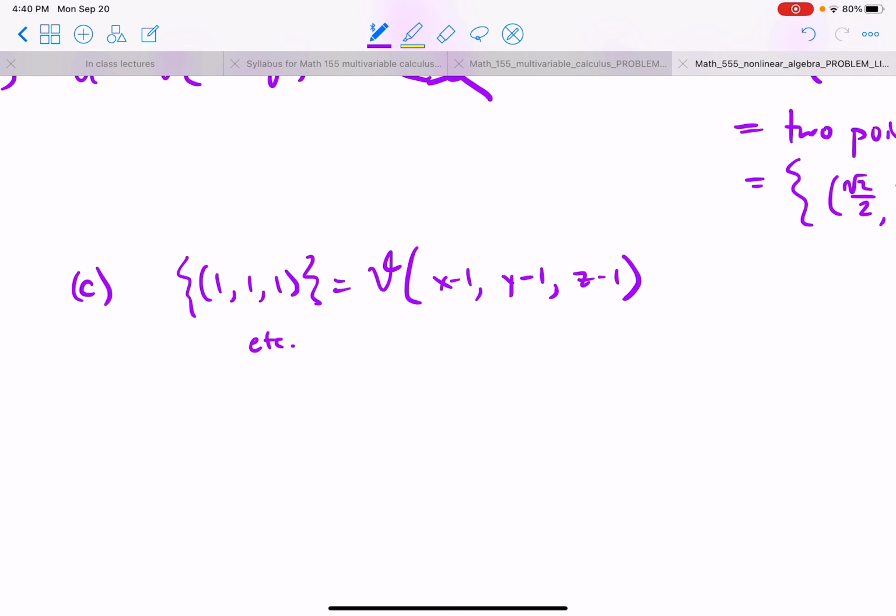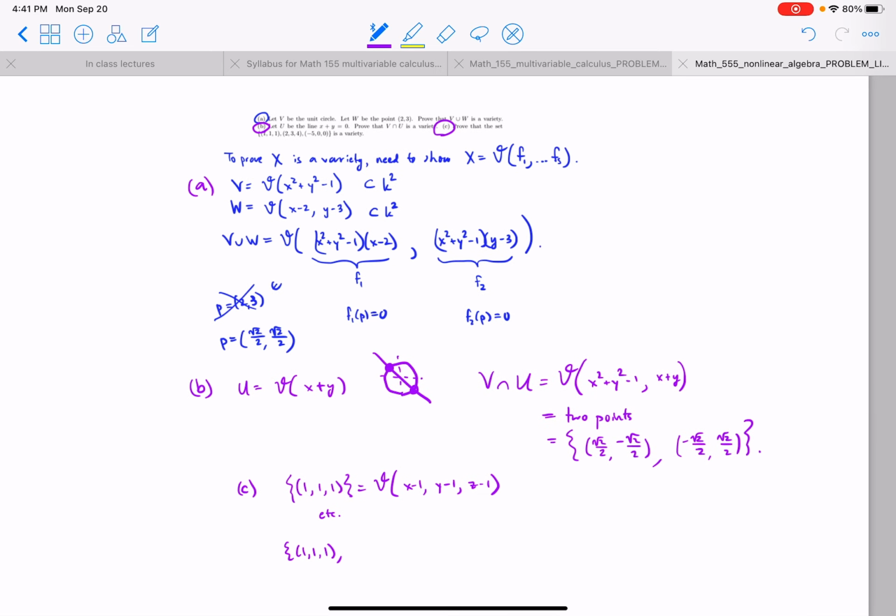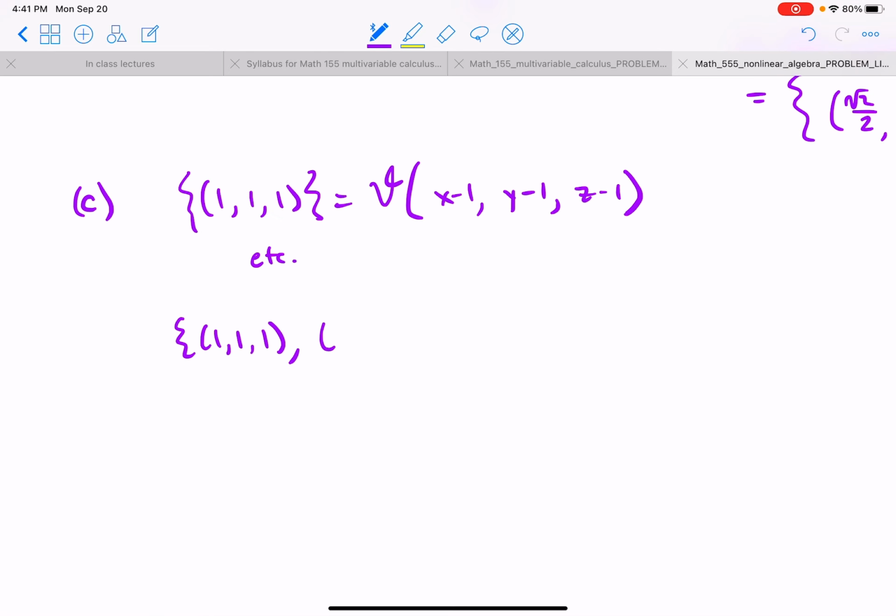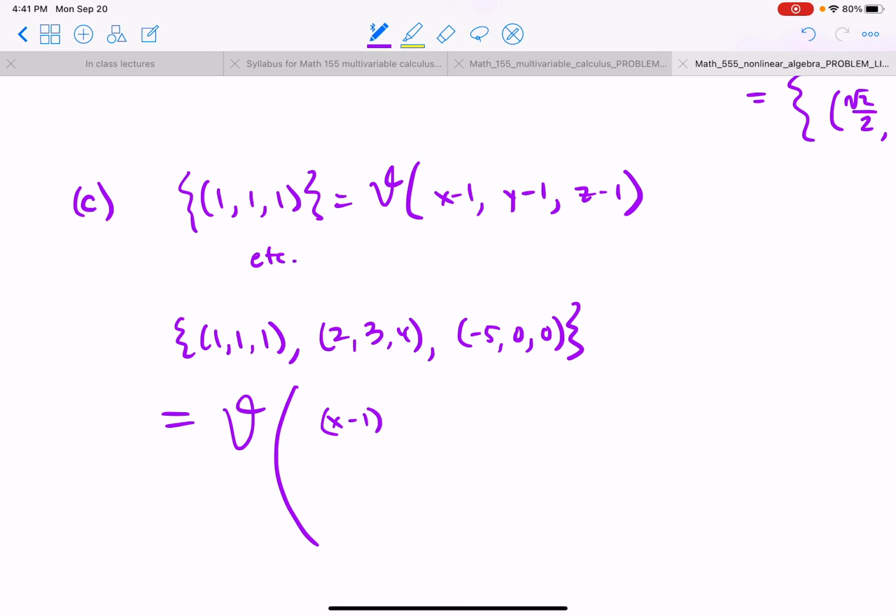And then unions. So if I take (1, 1, 1), what are the other points? (2, 3, 4), (5, 0, 0). Well, this is equal to the vanishing set of, okay, I'm going to need a lot of polynomials. x minus 1, y minus 1, z minus 1, let's call these F1, F2, F3.